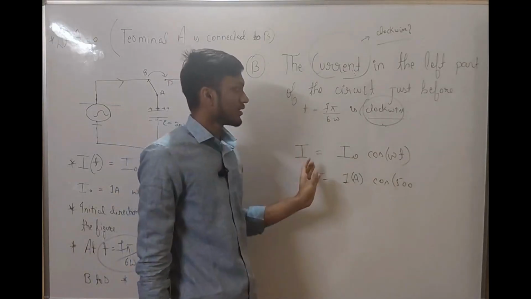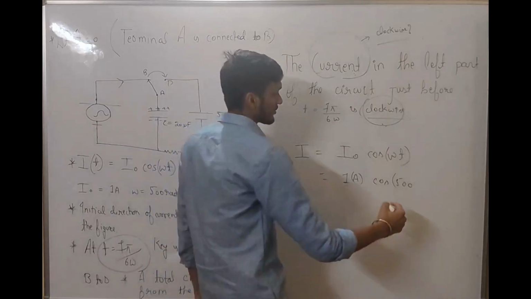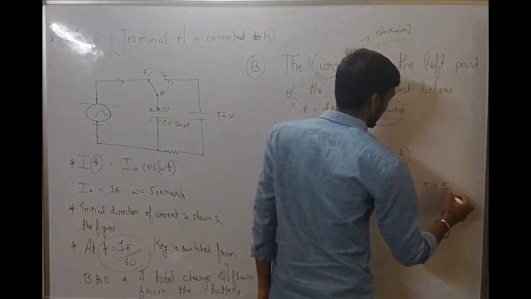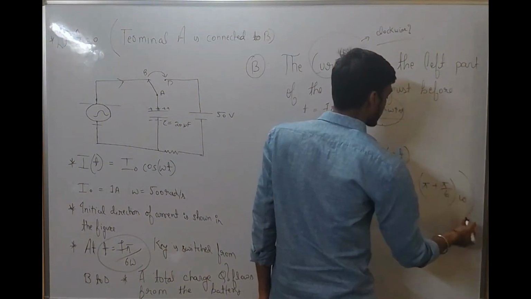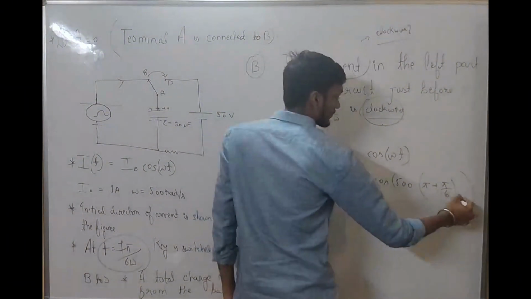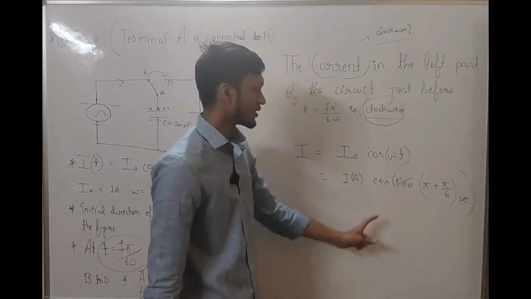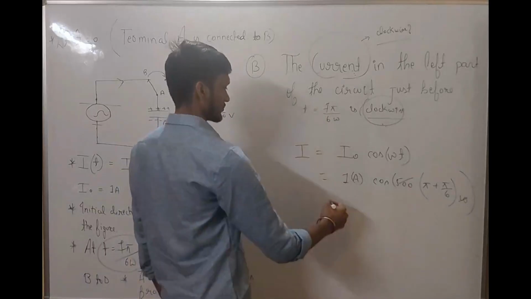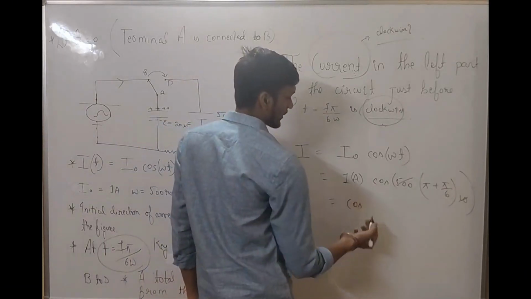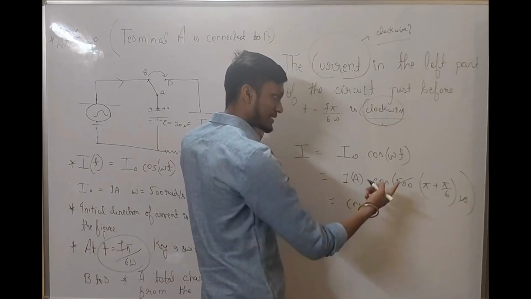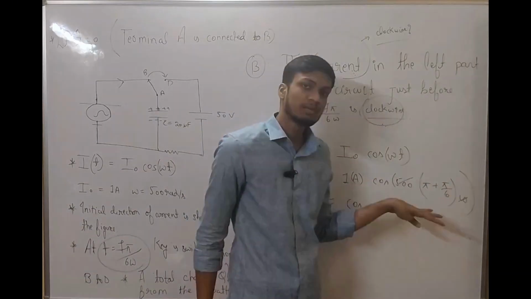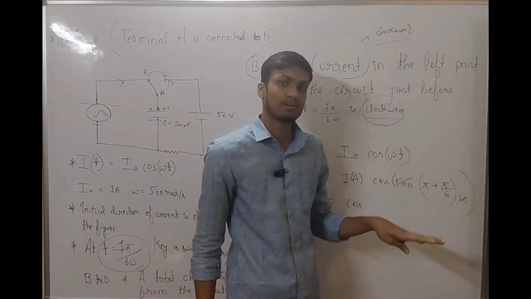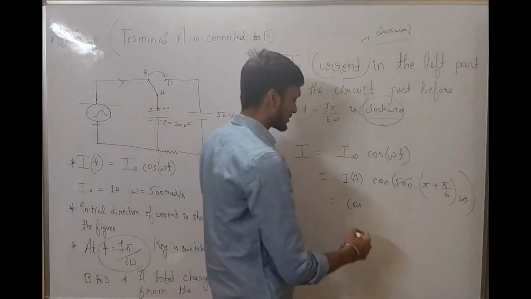To determine the current at this time, we put the time as 7 pi by 6 omega, that is pi plus pi by 6, divided by omega. Omega will cancel, and we get cos of pi plus pi by 6. This value will be cos pi by 6, but in the third quadrant, that makes cos negative.